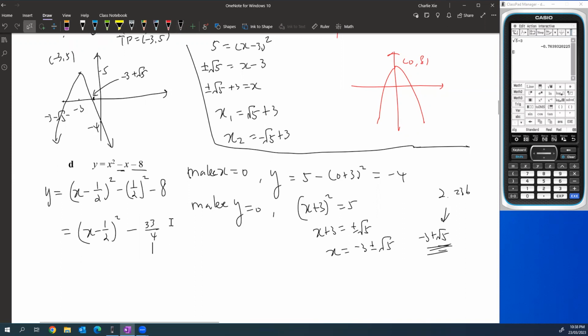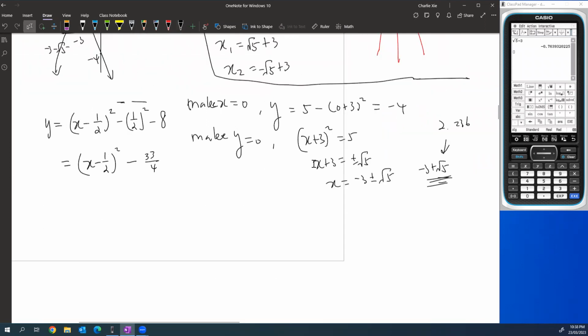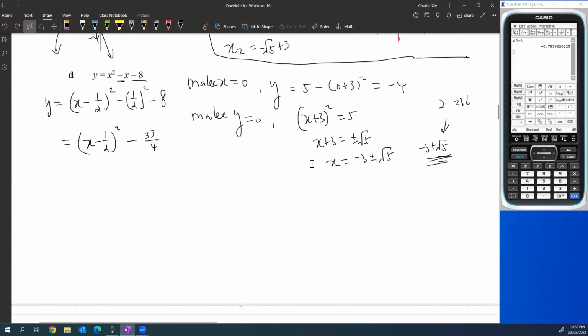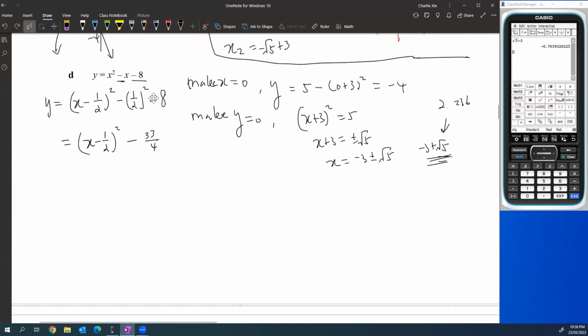Okay, and remember, this question is asking us to graph. So in this form, it's awesome. This form is, if you still remember, your turning point form. So we can just start from there.